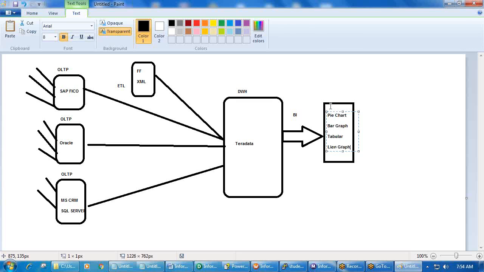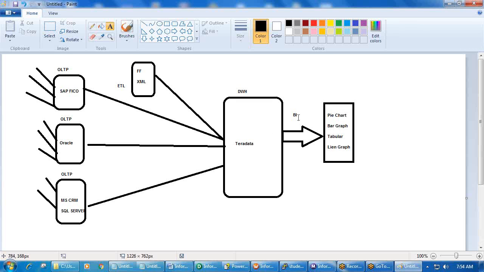All these BI tools will help you generate the reports from your data warehouse. Your BI tools just read the data and show it to the user. That's it. It doesn't do anything else.